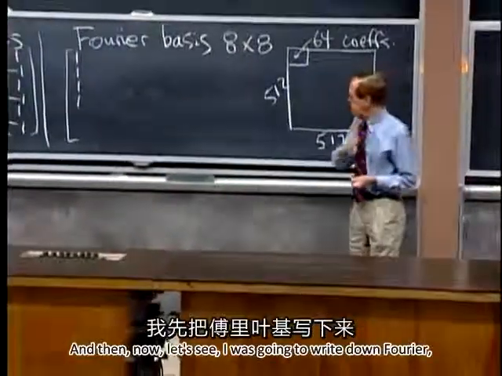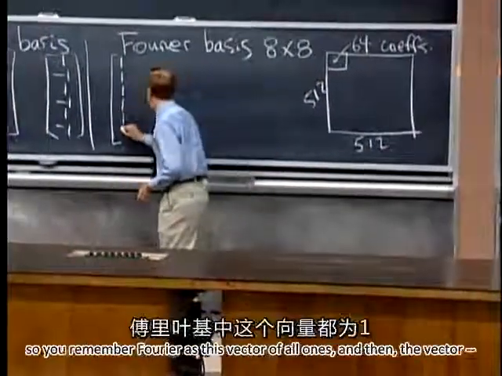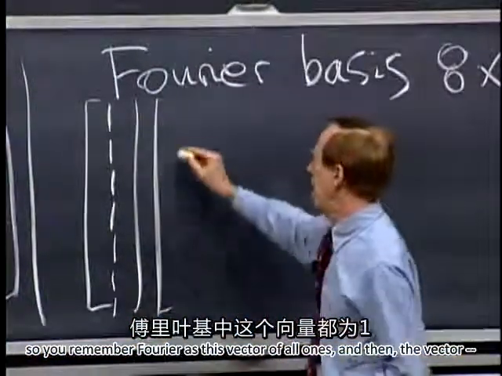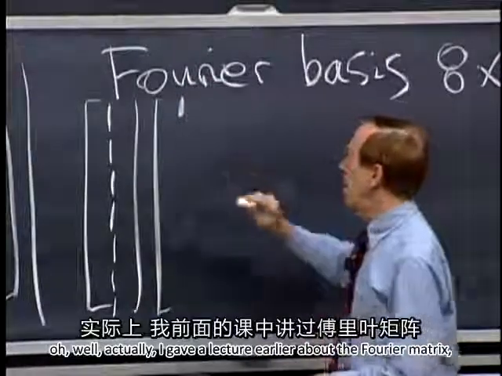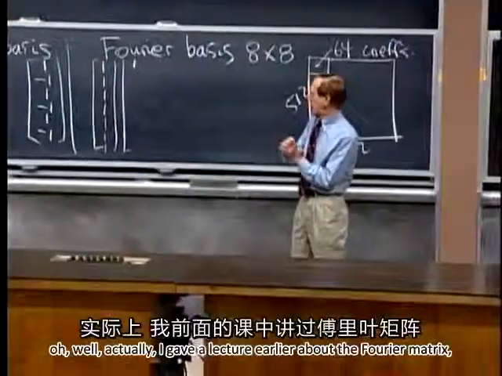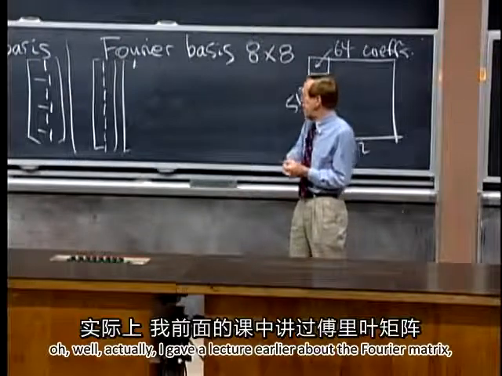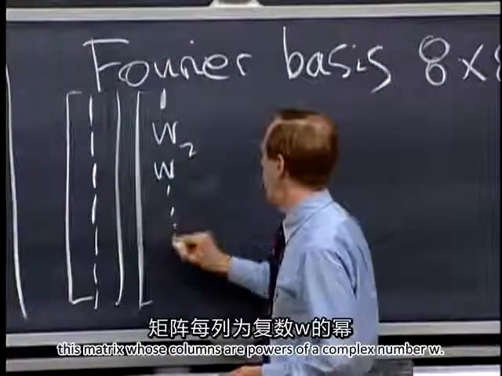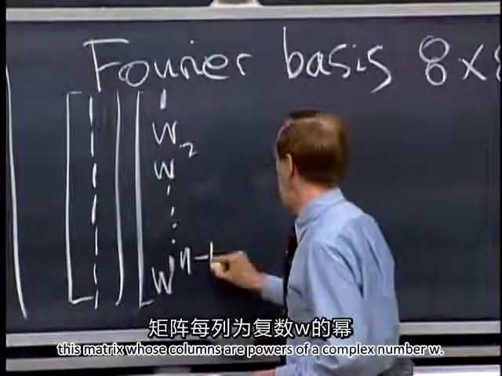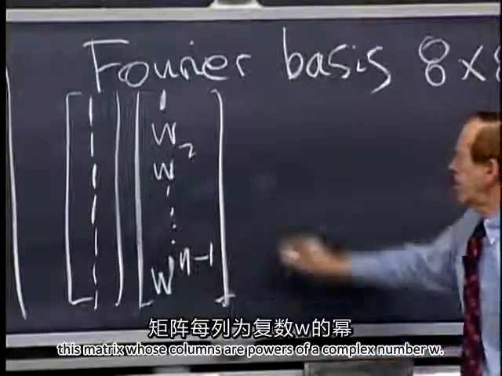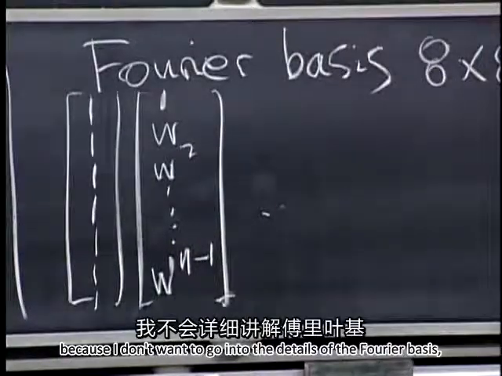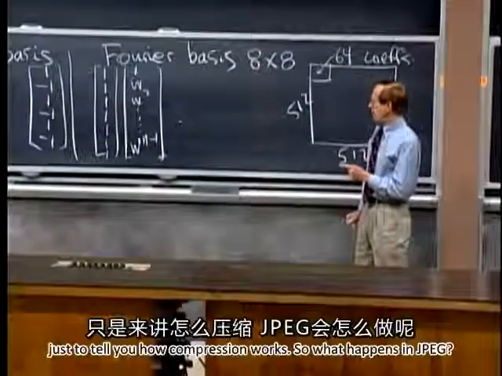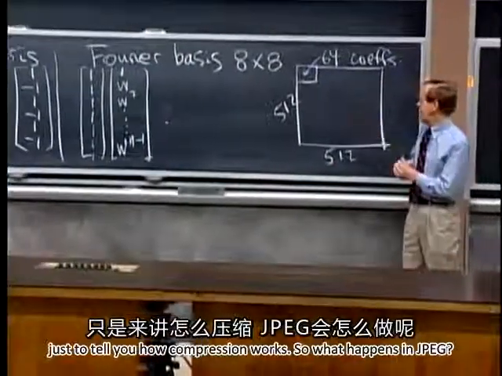You remember Fourier is this vector of all ones, and I gave a lecture earlier about the Fourier matrix, this matrix whose columns are powers of a complex number W. I won't repeat that because I don't want to go into the details of the Fourier basis, just to tell you how compression works.